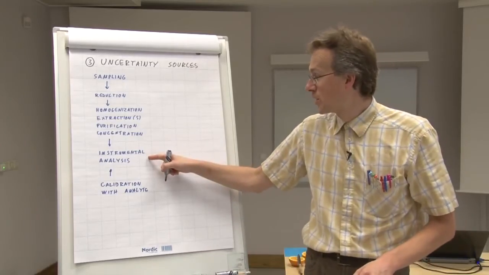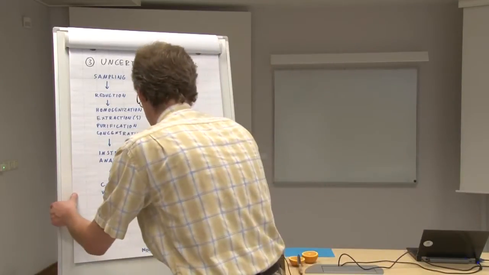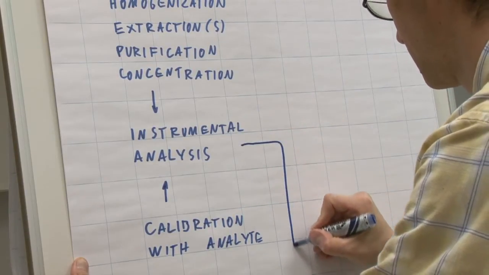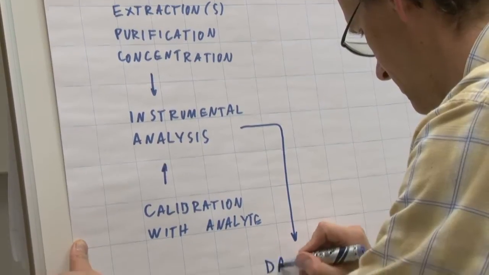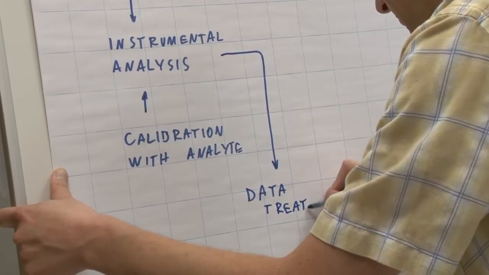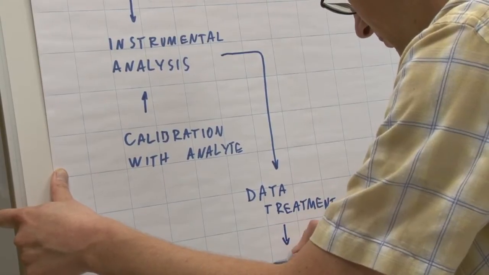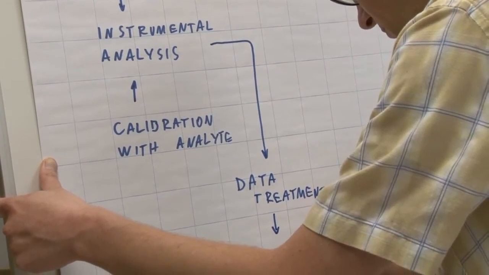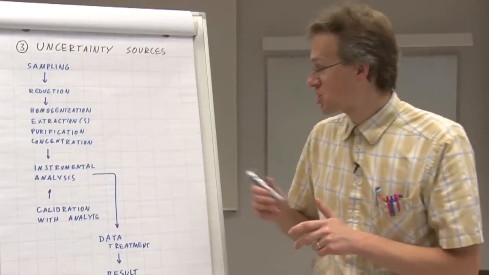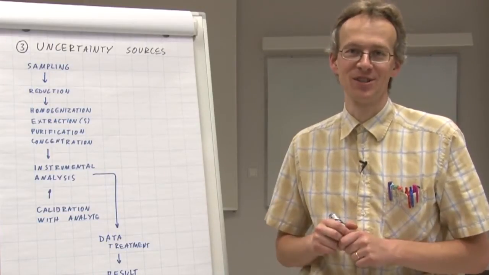Finally, we do data treatment and get the result. This could be, in a nutshell, the main operations that are involved in pesticide determination in orange.